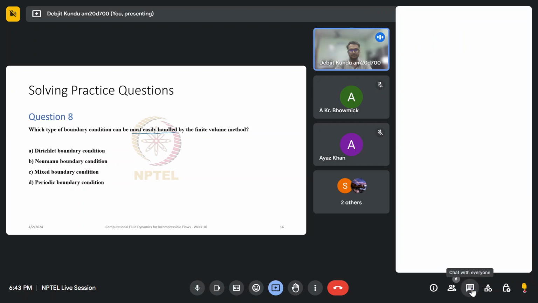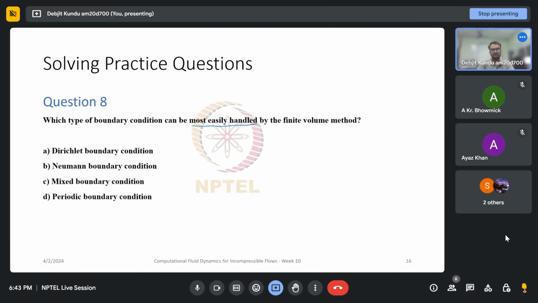Think carefully, and once you have the solution, you can type it in the chat box or you can unmute and answer as well. If you have any confusion regarding the question, please ask about it. We will discuss and clear things up.